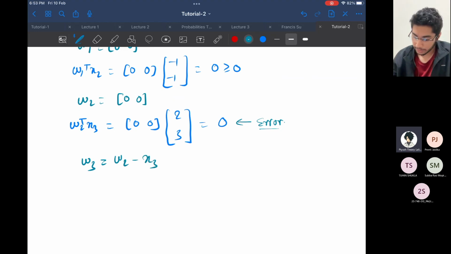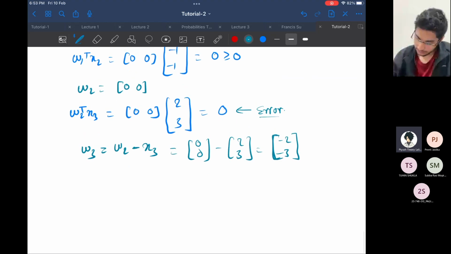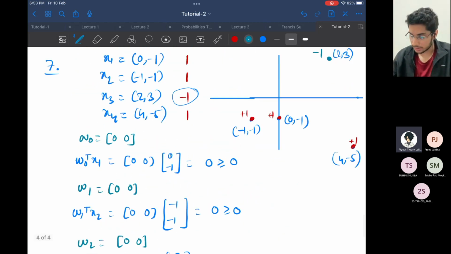Why minus x3? Because it has a negative label, which is minus 1. This will become 0 0 minus 2 3, so this will become minus 2 comma minus 3, and hence W3 is minus 2 comma minus 3, right? I hope this is clear.